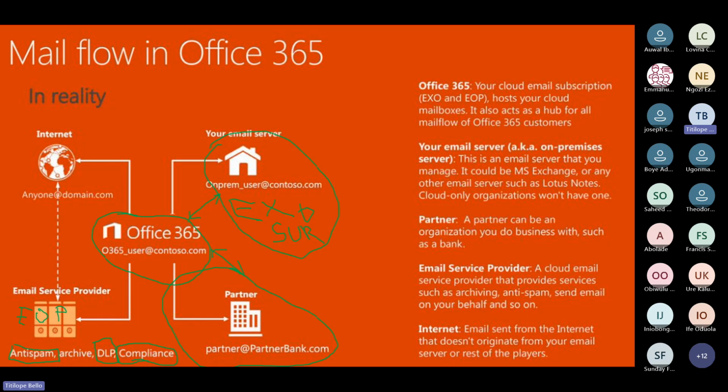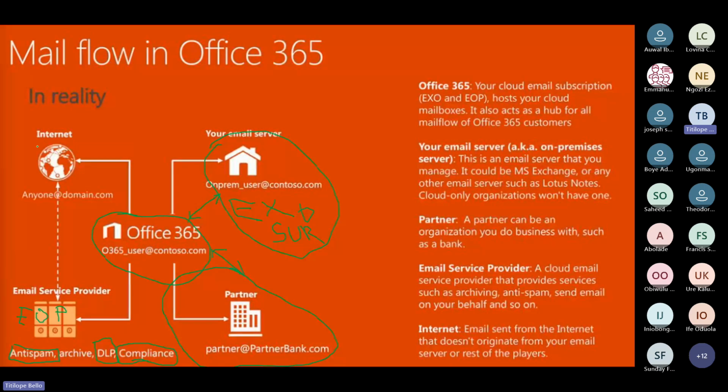Now, by default, when a customer subscribes to Office 365 services or Exchange Online service, they can send email in and out, and mail flows seamlessly without you needing to do anything.